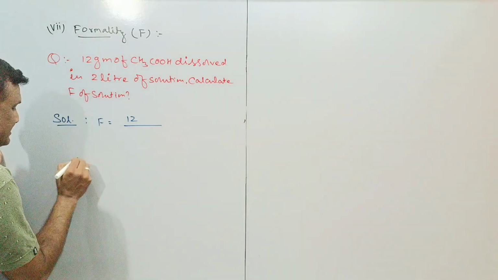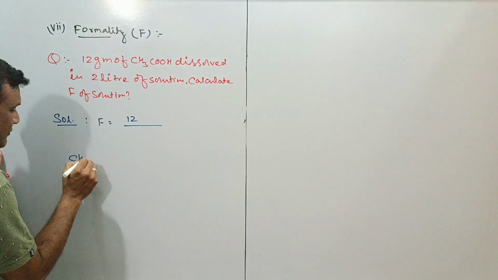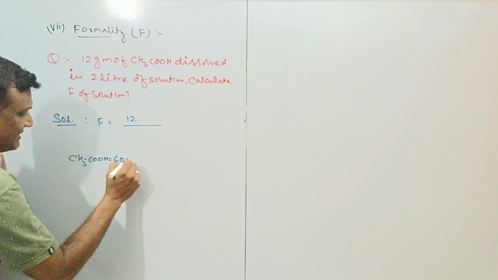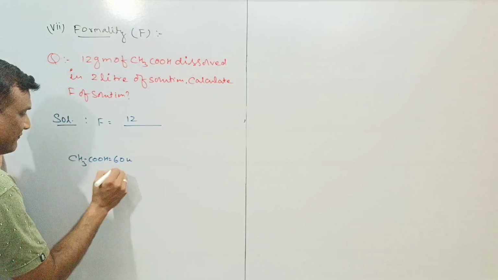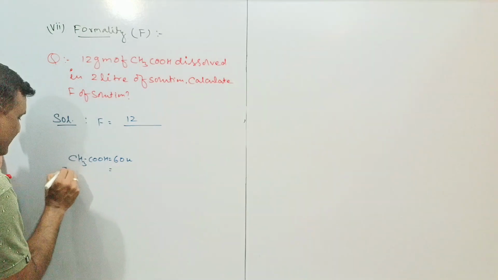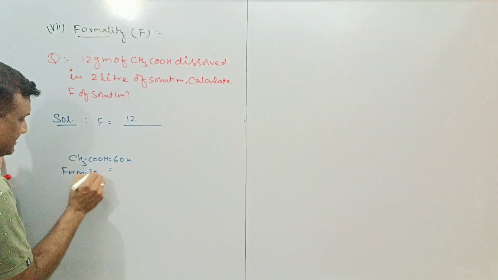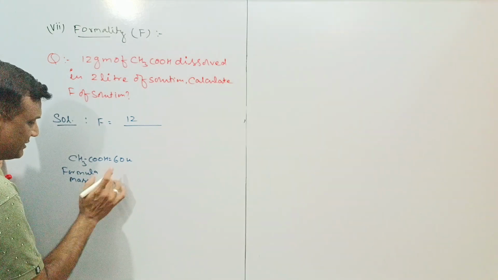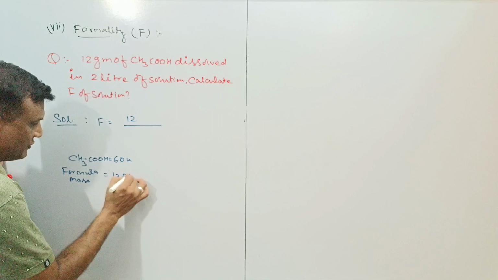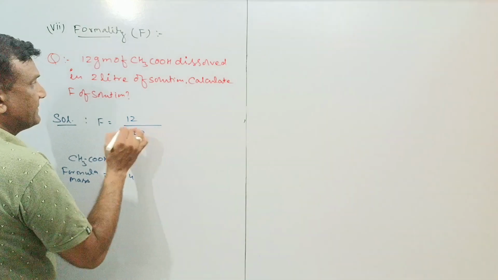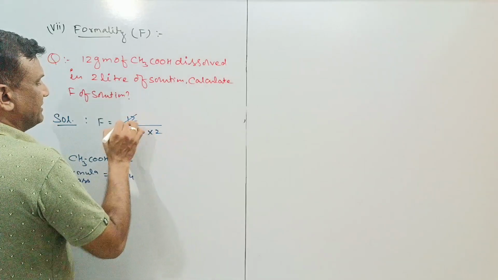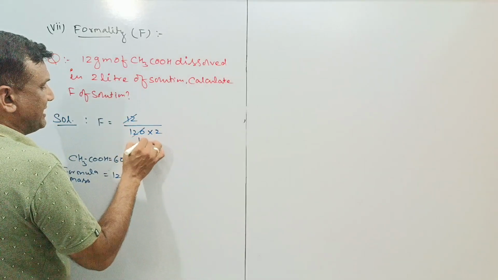Here we are going to take just CH3COOH. It has 60 as molecular mass and 120 as formula mass. This is the formula mass, that is 120, so here we'll use 120. Volume of solution is 2 liter. On dividing, it will be just 10 times.